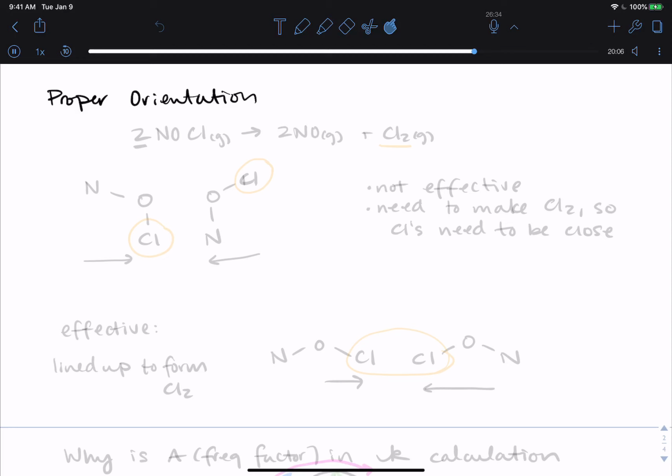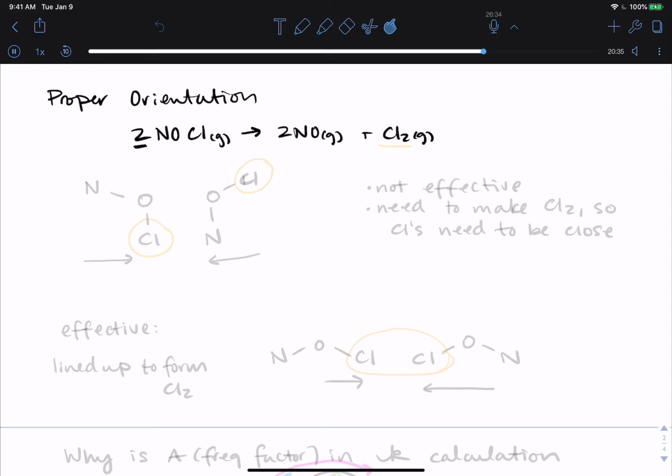Let's look at NOCl gas. Technically our reaction is 2 NOCl gas turning into 2 NO gas plus Cl2 gas. But we've got 2 NOCls, so NOCl plus NOCl turns into 2 NOs and a Cl2.